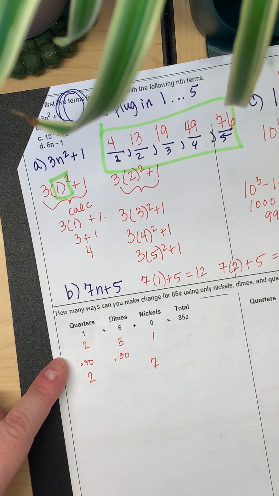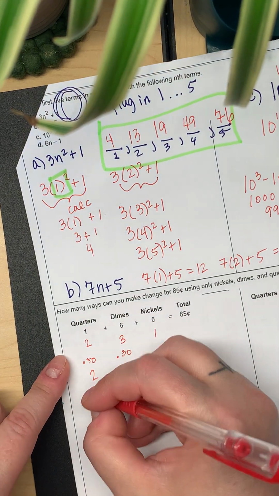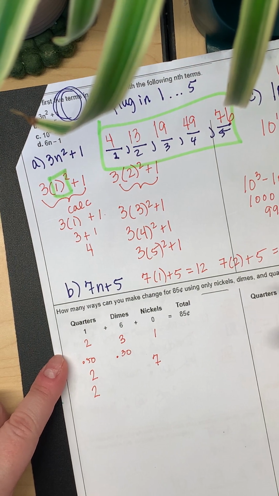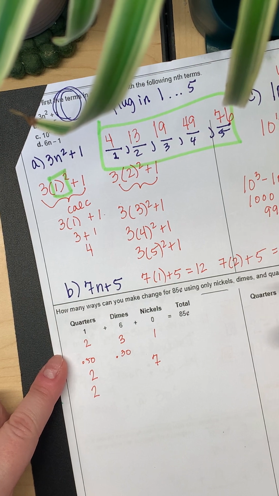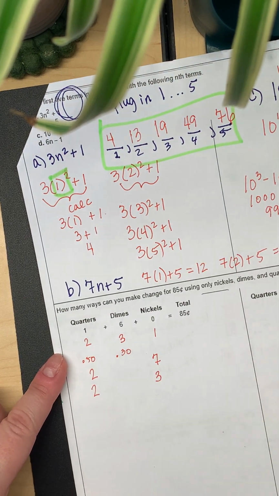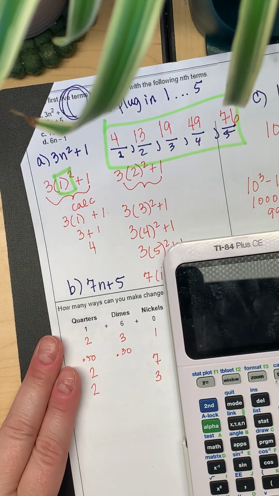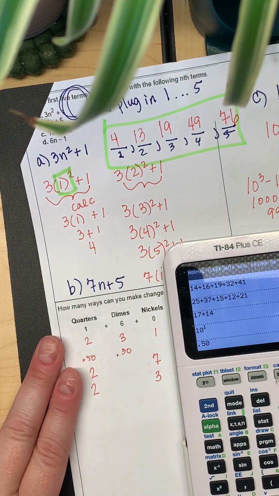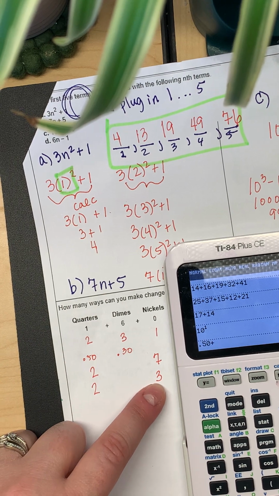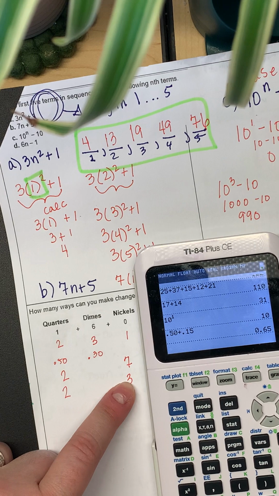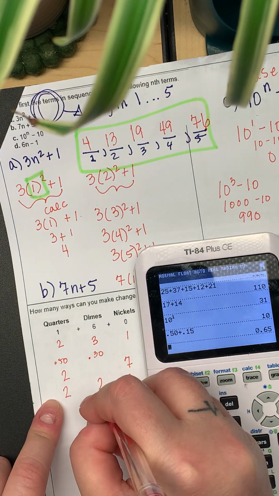We could have 2 quarters and 3 nickels. What would that be? That would be 50 cents, plus 3 nickels is 15, and that would add up to 65, so I could have 2 dimes.